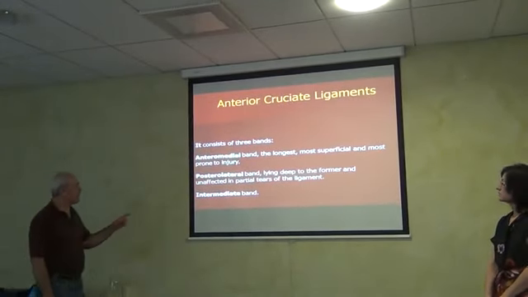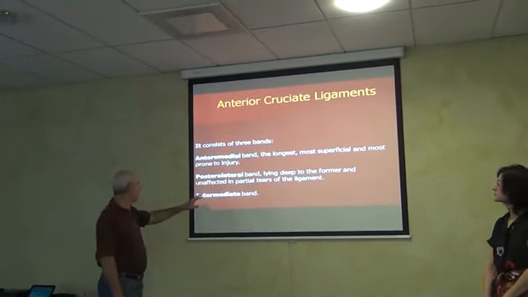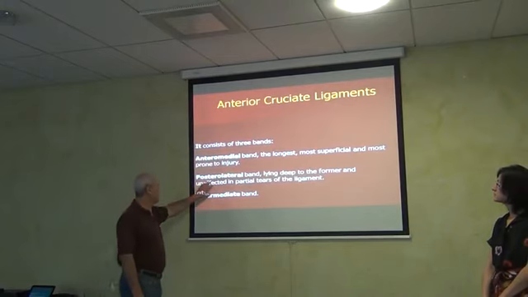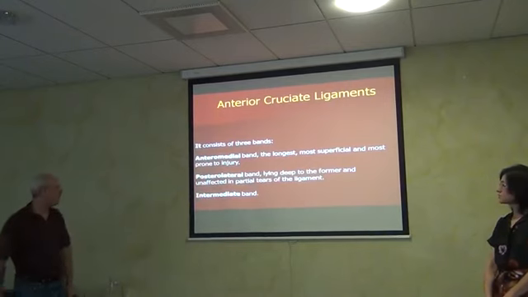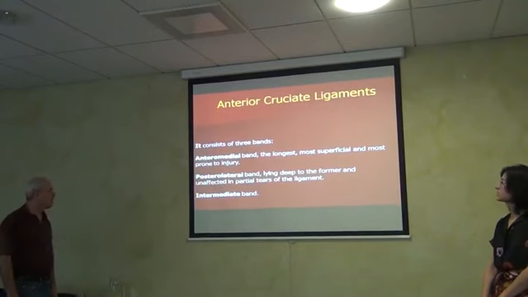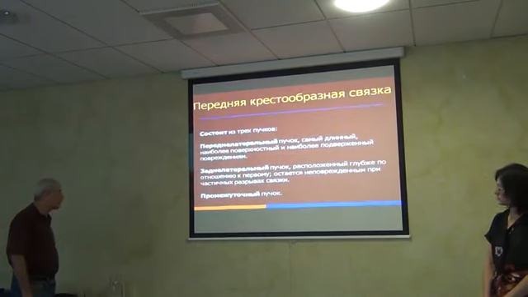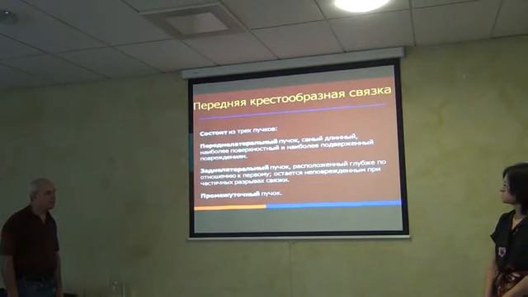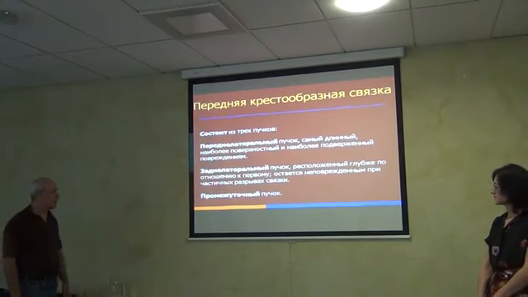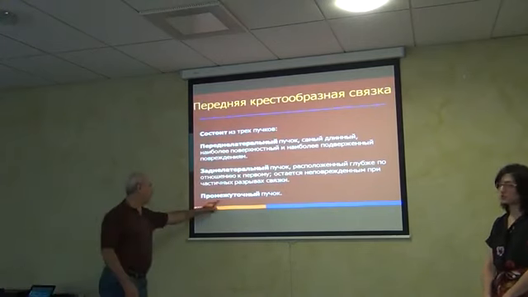The posterior lateral band is deep to the former and is not affected in partial tears of the ligament. А задний латеральный пучок лежит глубже по отношению к переднему медиальному, и он остается неповрежденным при частичных разрывах связки. And the intermediate band. И промежуточный пучок третий.